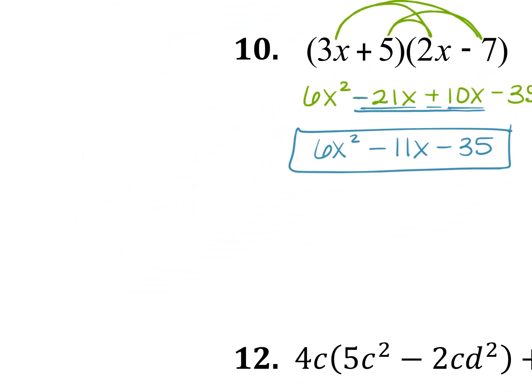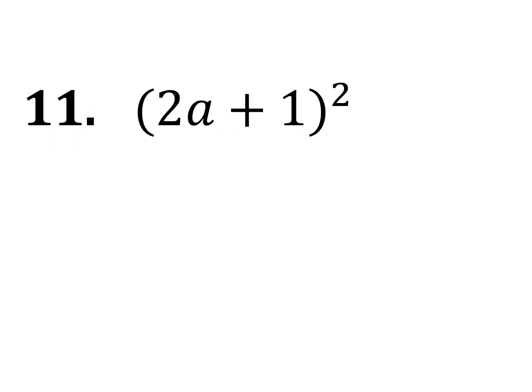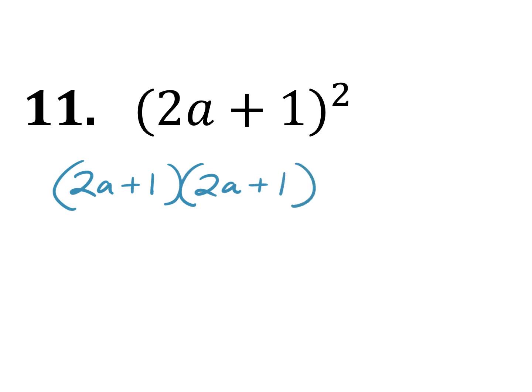Okay, what do you do with this? Right. Make it two binomials, 2a plus 1 times 2a plus 1. So you're going to FOIL that.